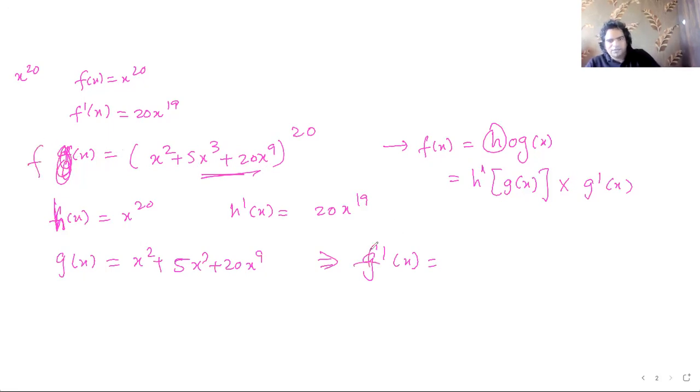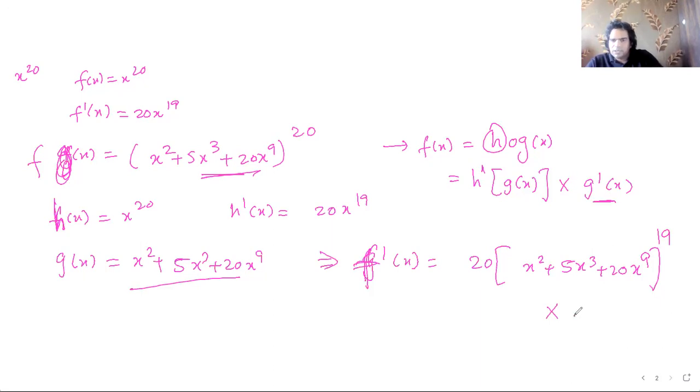The derivative of f of x will be 20 times x squared plus 5x cubed plus 20x to the power 9, all to the power of 19, times the derivative of g of x, which is g dash x here, which is going to be 2x plus 15x squared plus 20 times 9, which is 180 x to the power 8. So that's the derivative of this.